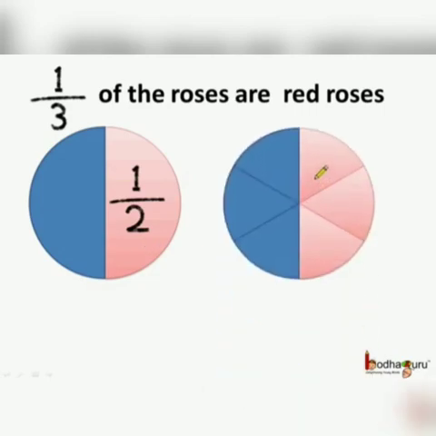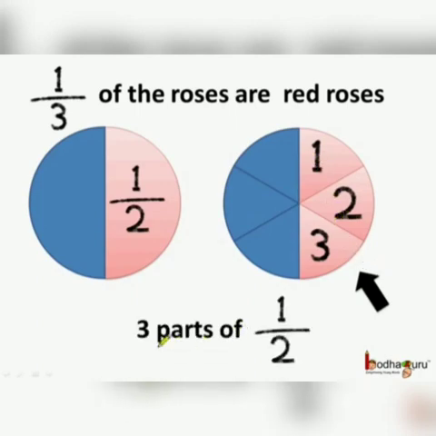See, this half is divided into 3 parts, and in the same way this half is also divided into 3 parts. So what did we do? We made 1, 2 and 3 parts. This half part was roses and we made 3 parts of it.